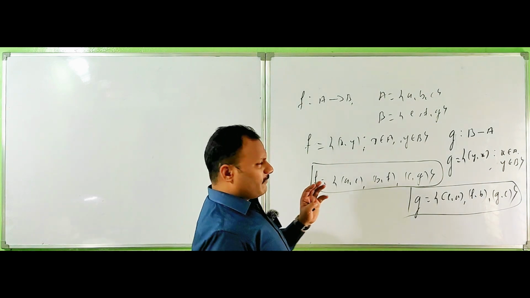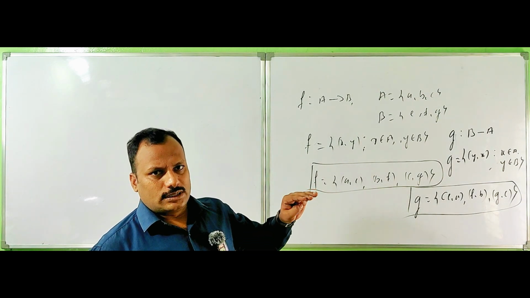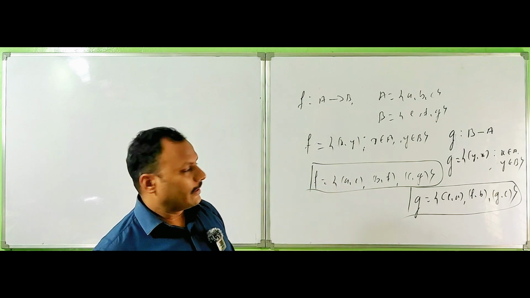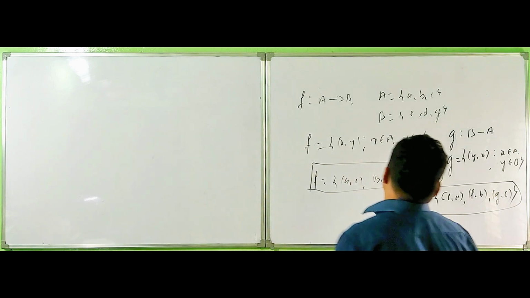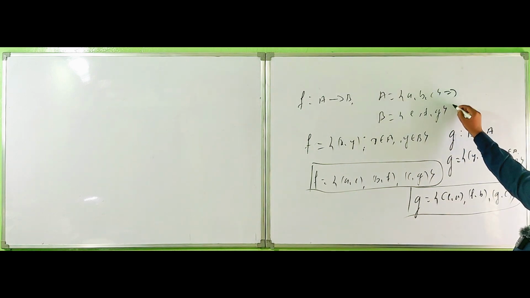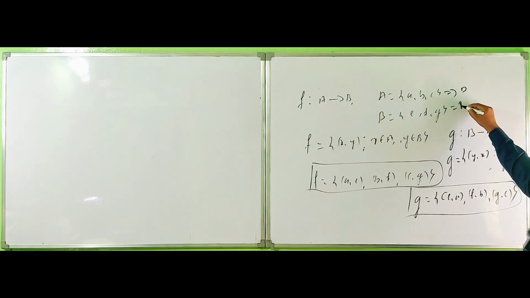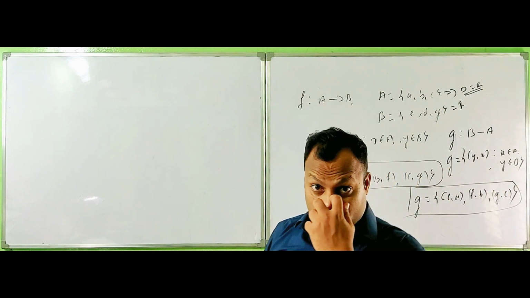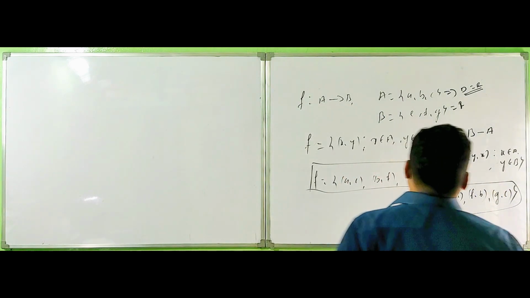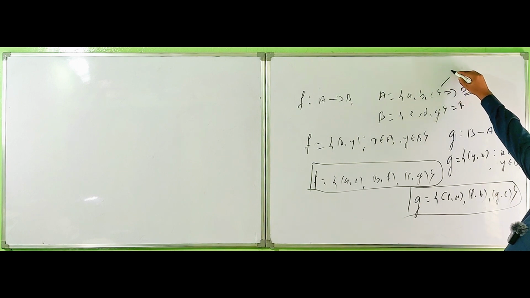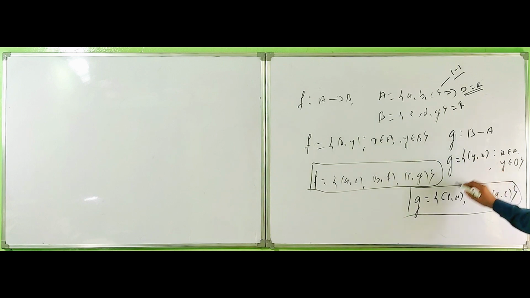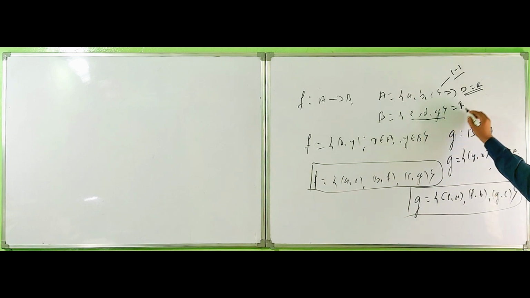So, what are the main conditions for the function to become invertible? First, check the domain and range. The domain becomes the range. The function is one-one with respect to the domain, meaning every element gets a different element, and the range is onto.